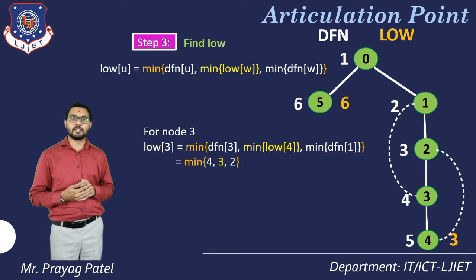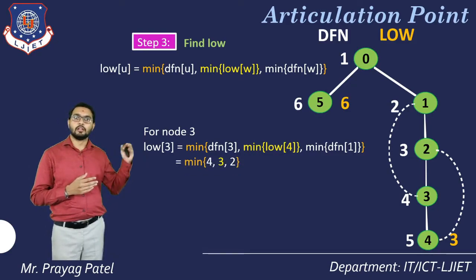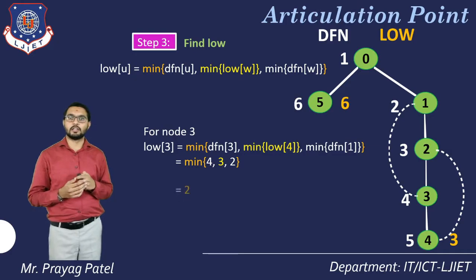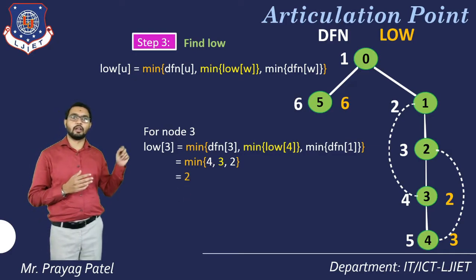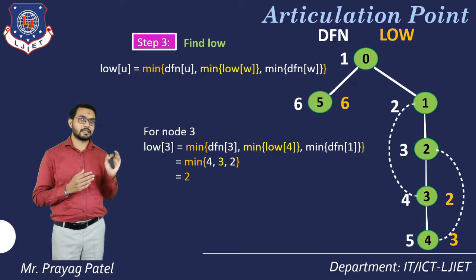Out of these 3: DFN of 3 equals 4, low of 4 equals 3, and DFN of 1 equals 2. So the minimum of 4, 3 and 2 is 2. Put the value 2 at location 3. So node number 3 has low value 2.